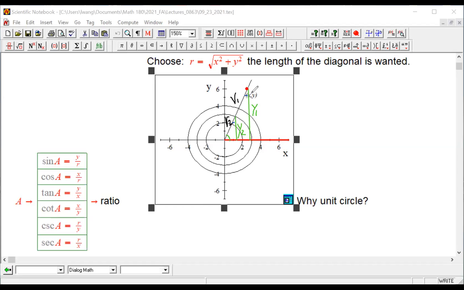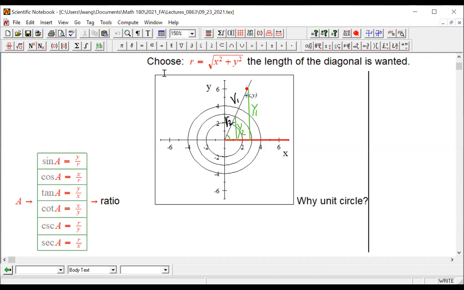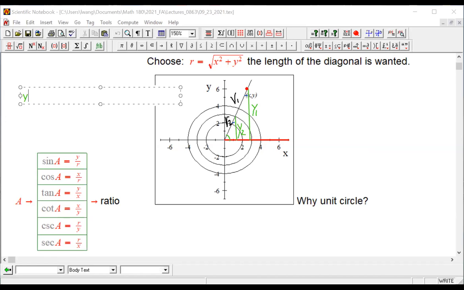So it doesn't matter which point you choose on the terminal. You can choose anywhere. They're going to give you the same ratio. So what we are saying here, let me write it down over here: the ratio of Y1 over R1 is going to be the same as Y2 over R2.